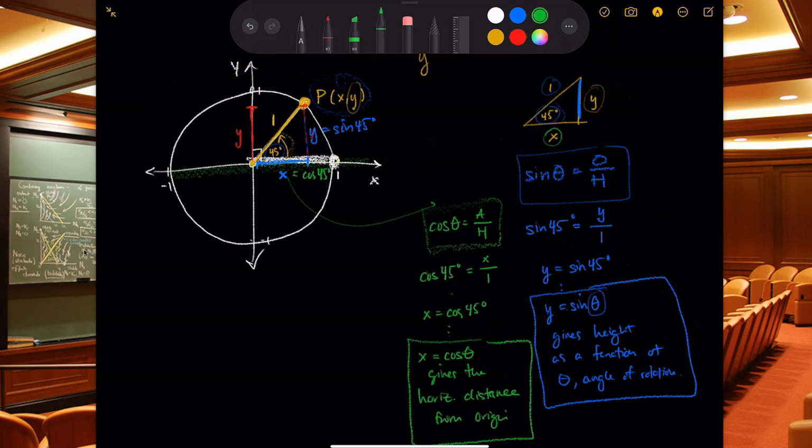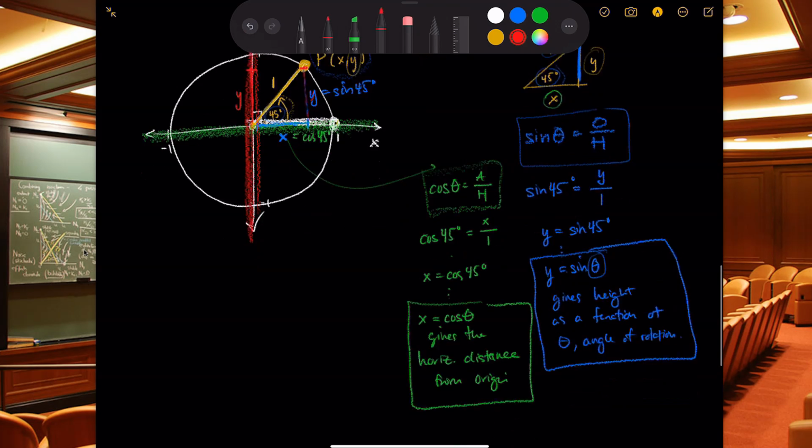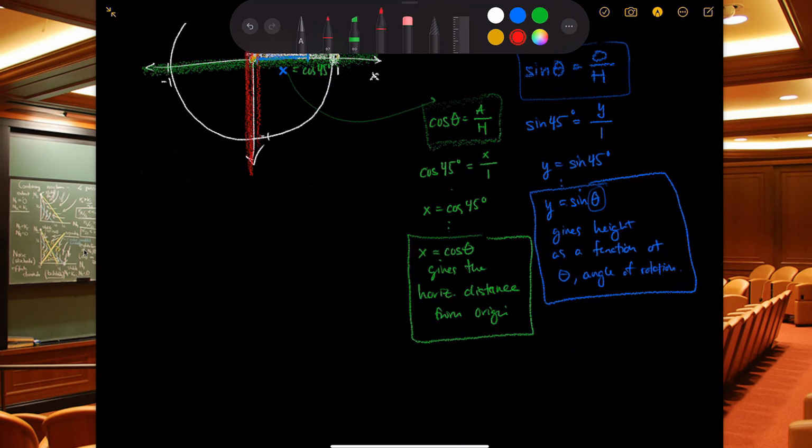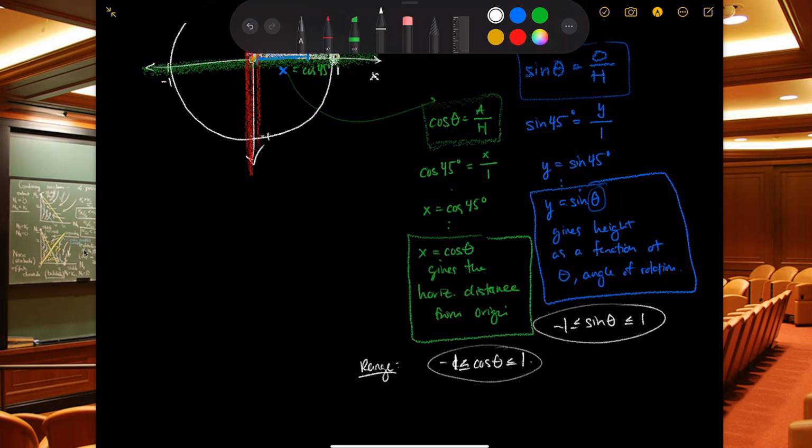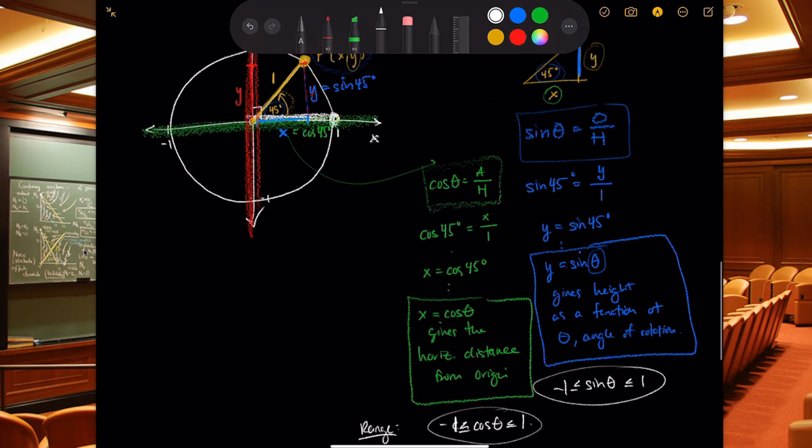So cosine measures how far over, and sine measures how far up and down. And these functions, if you remember, live between -1 and 1. The range of these functions is between -1 and 1.